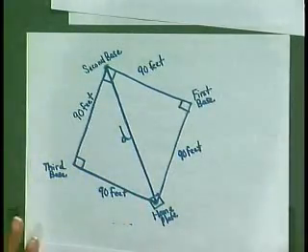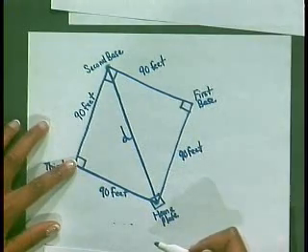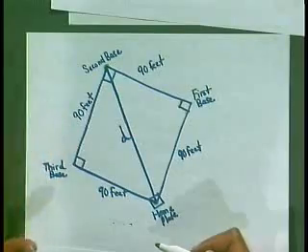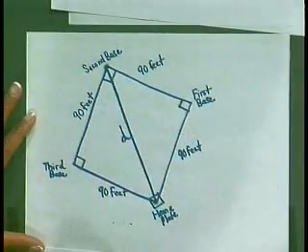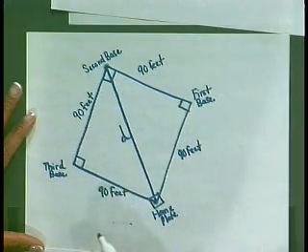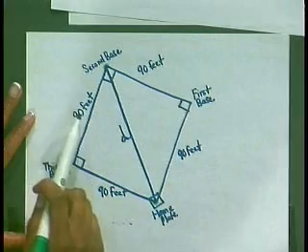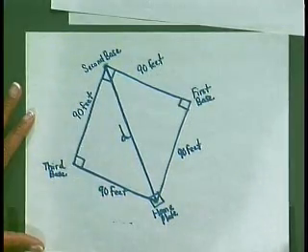So if we look at it, we have all these little squares. These squares represent the right angle. The right angle means that it's a right triangle. So if I look at one, I have two right angles that make up my diamond or my rhombus. So I have 90 feet for the length of one side and 90 feet for the length of the other side.